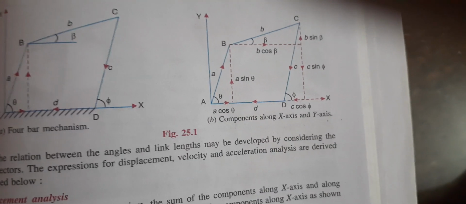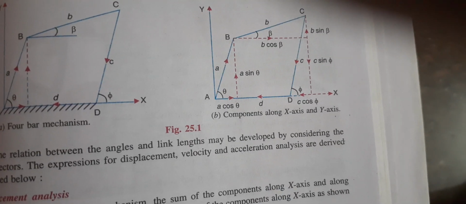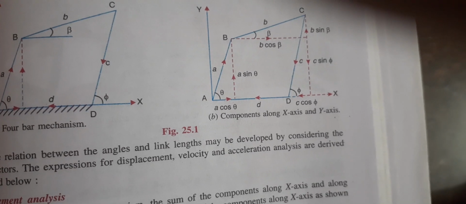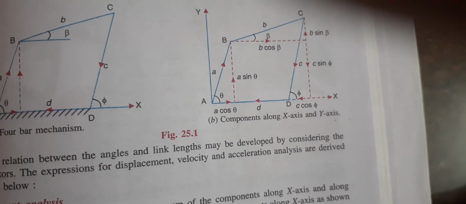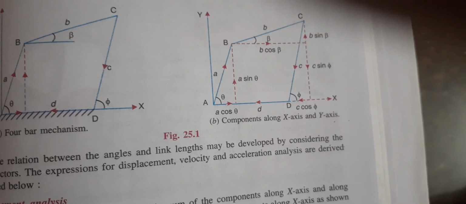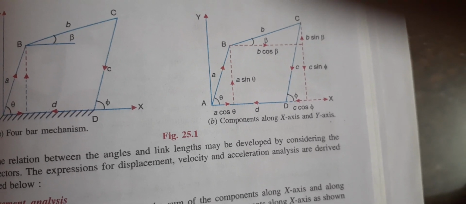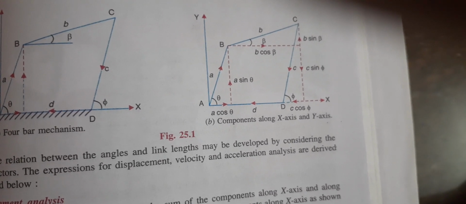By squaring both sides, we'll get b square sin square theta is equal to (c sin phi minus a sin theta) the whole square.